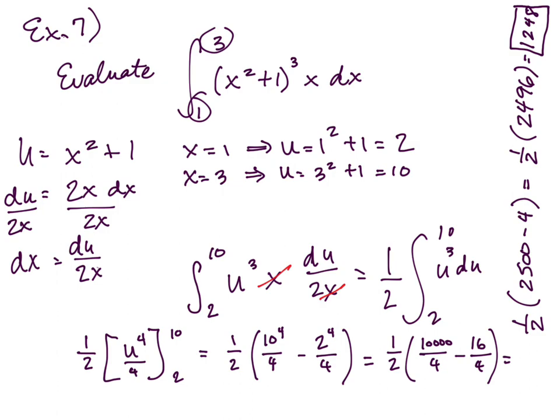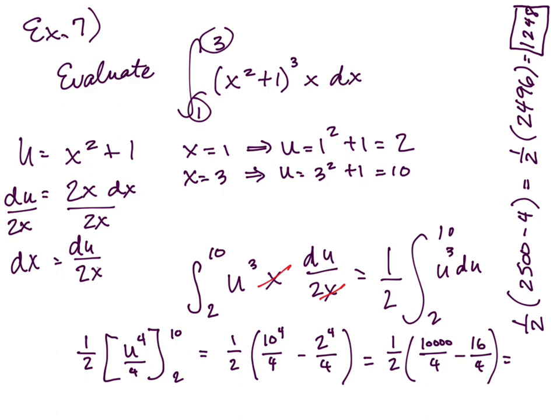Notice how really clean my u antiderivative is. It's u to the 4th over 4. If I have to plug that back in, it's x squared plus 1 to the 4th over 4, and now I'm plugging into a composition of functions. It's gnarly.